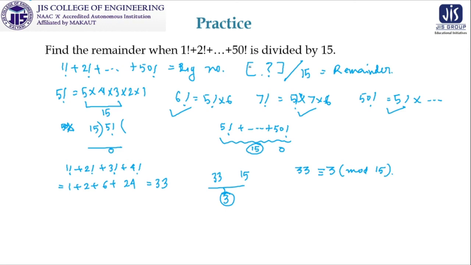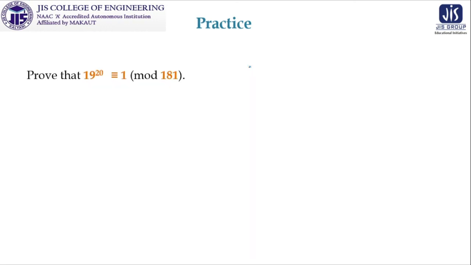Very interesting. Proceeding further, oh my god, you have to prove that 19 to the power 20 is congruent to 1 mod 181. This means if you divide by 181, after doing all these things, you will get 1.